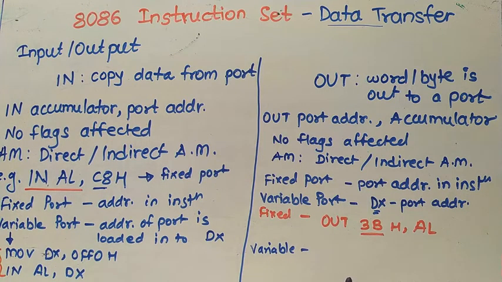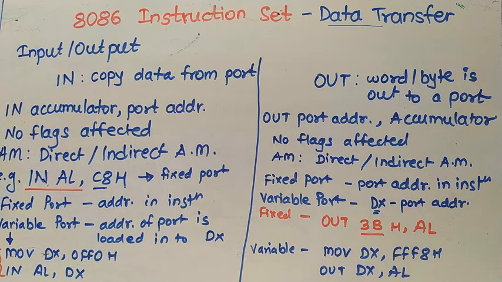And for variable port address, we can see the example. First of all, the port address is specified in the DX register. So we have to use MOV DX, FFF8H. Suppose it is our port address, and then we have to use OUT DX, AL.